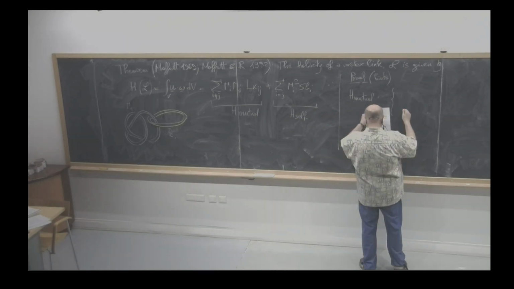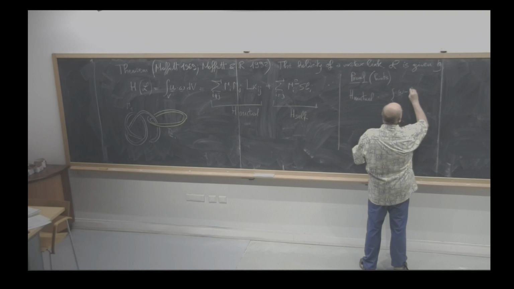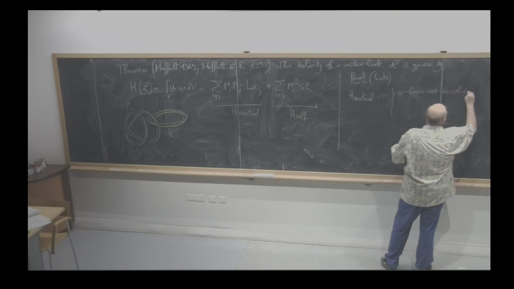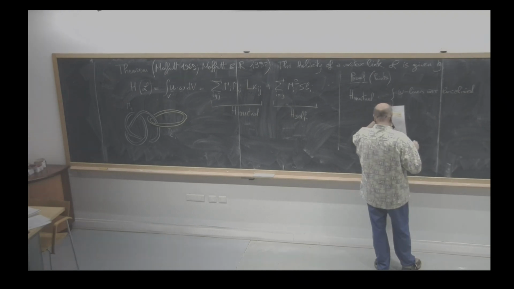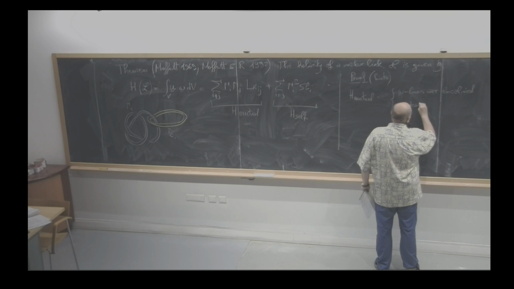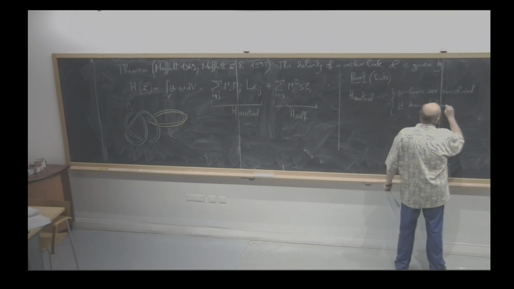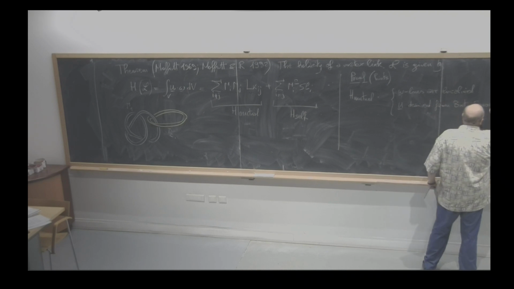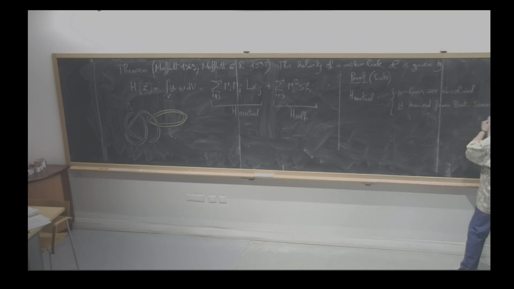And what you do in order to prove this is that omega lines are localized in these tubes, and the U typically is derived from or given by Biot-Savart. Okay, so by doing this, you work things out, and you can prove that you derive the Gauss linking number.